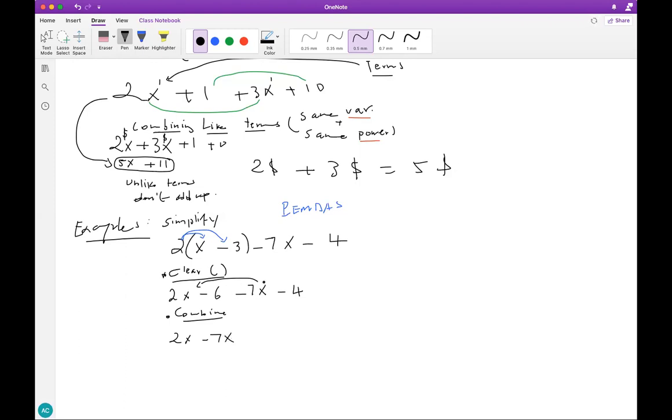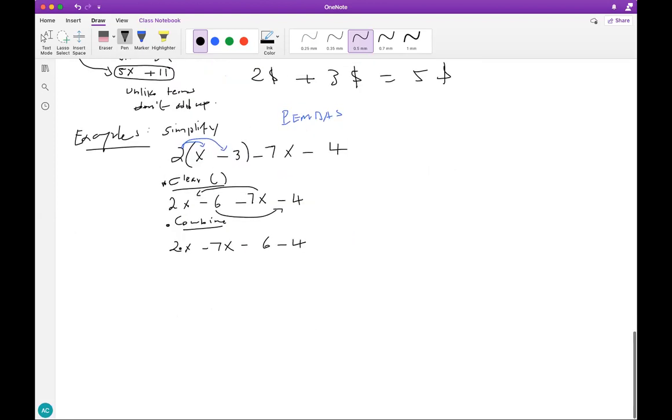Again, when you move the term, make sure you move the sign as well with the coefficient. Then this negative 6 would be moved next to this constant. Okay, so now that we've combined like terms, we can simplify.